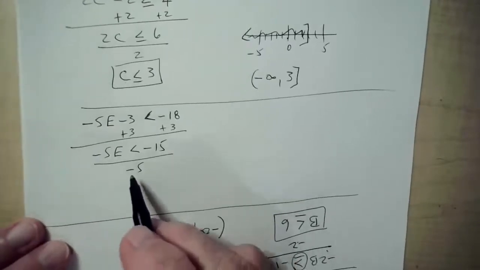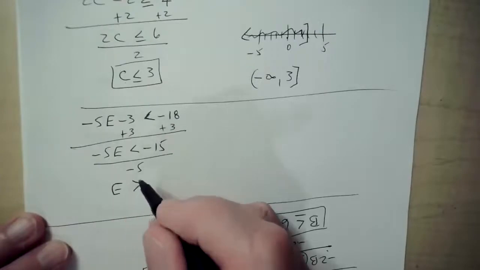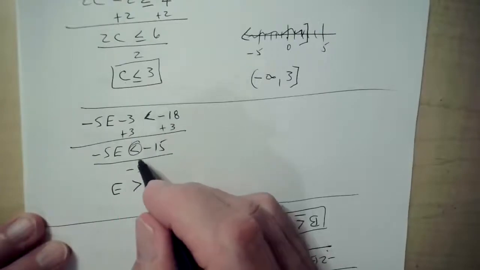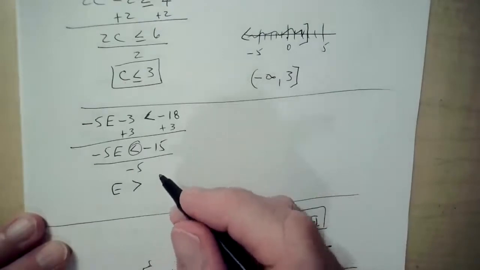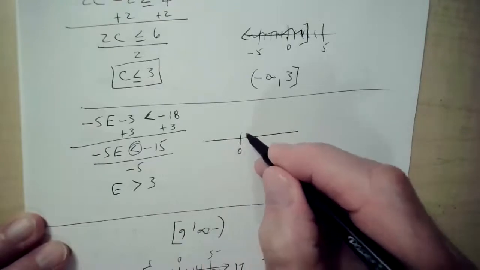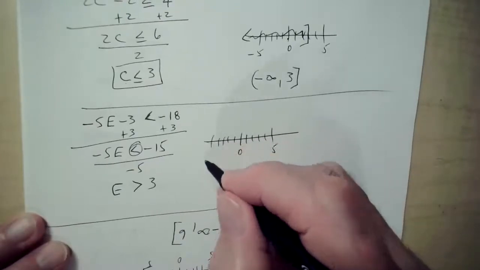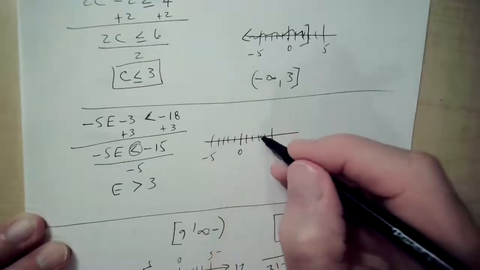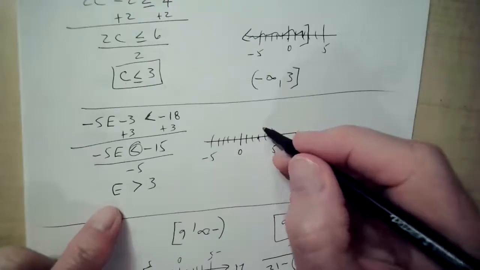Divide by negative 5. We're dividing by a negative number. So now e becomes greater than. That's going to change because we divided by a negative number. What is it, 3? Three is here.